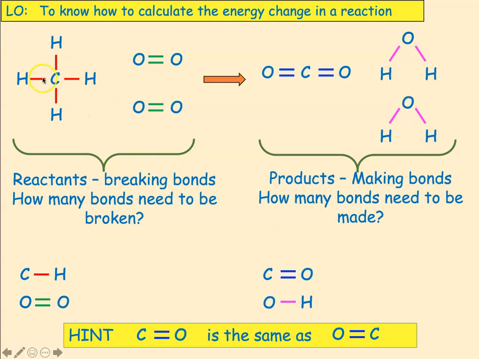How many C-H bonds need to be broken in methane? How many O=O bonds need to be broken in the two molecules of oxygen? Okay, so pause the video now and count.